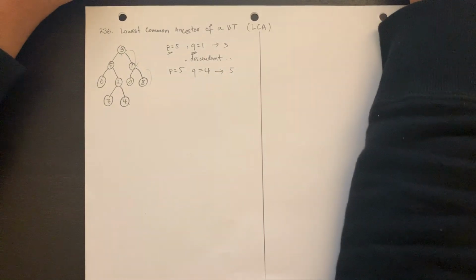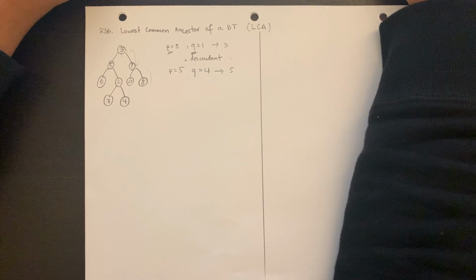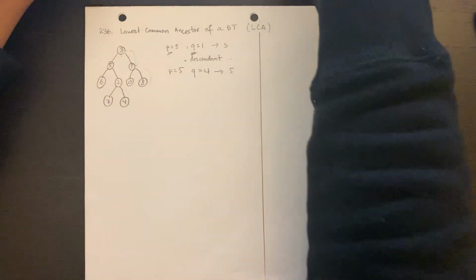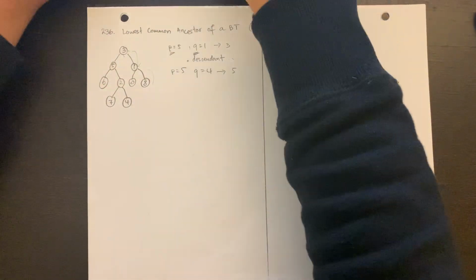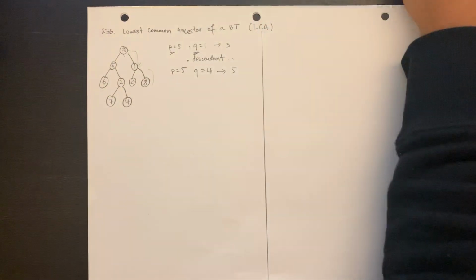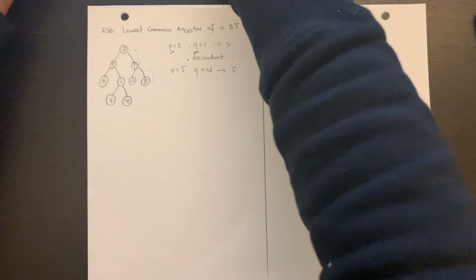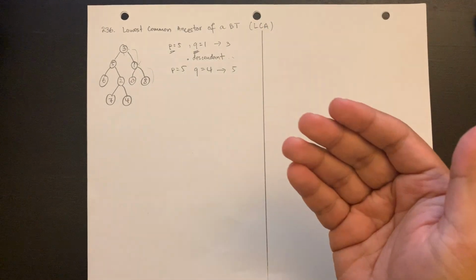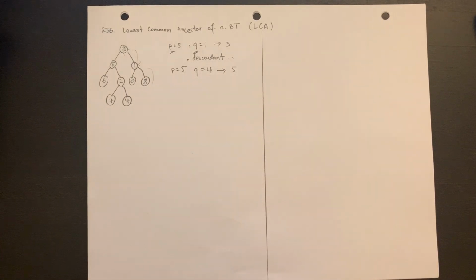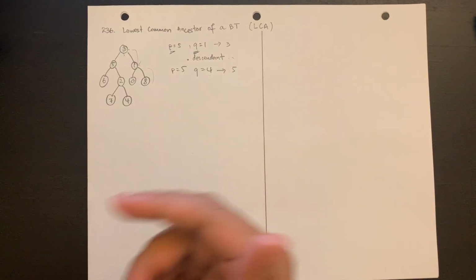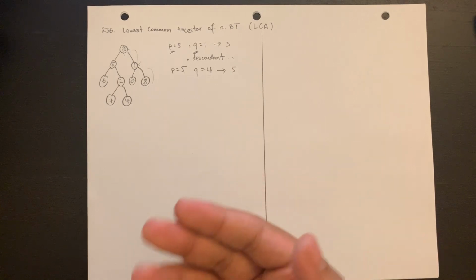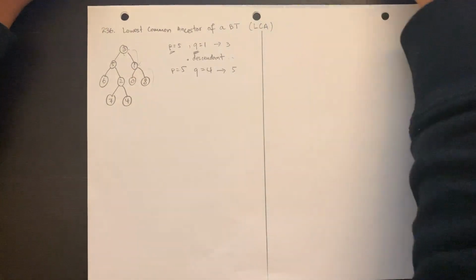Let me try it on the LeetCode console. This is something I would want to ask the interviewer: what would be the output if the value of P is 4 and the value of Q is 0?